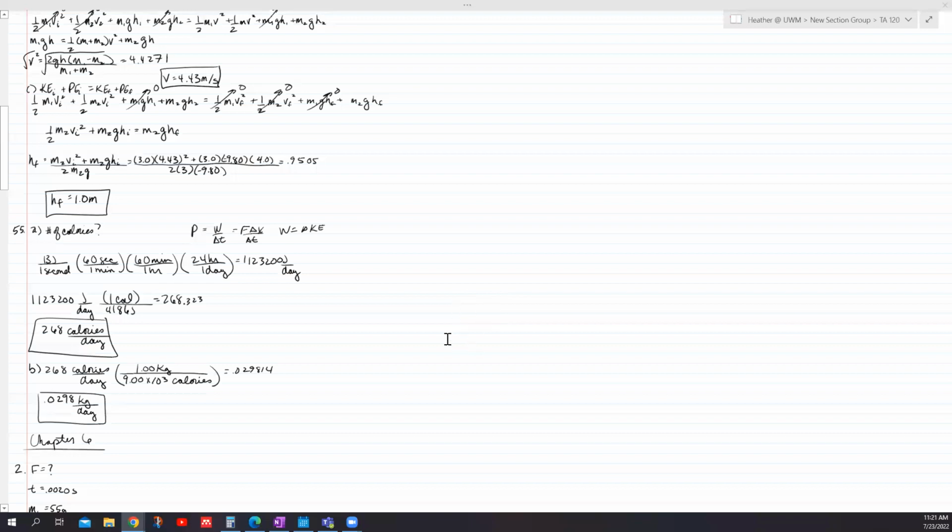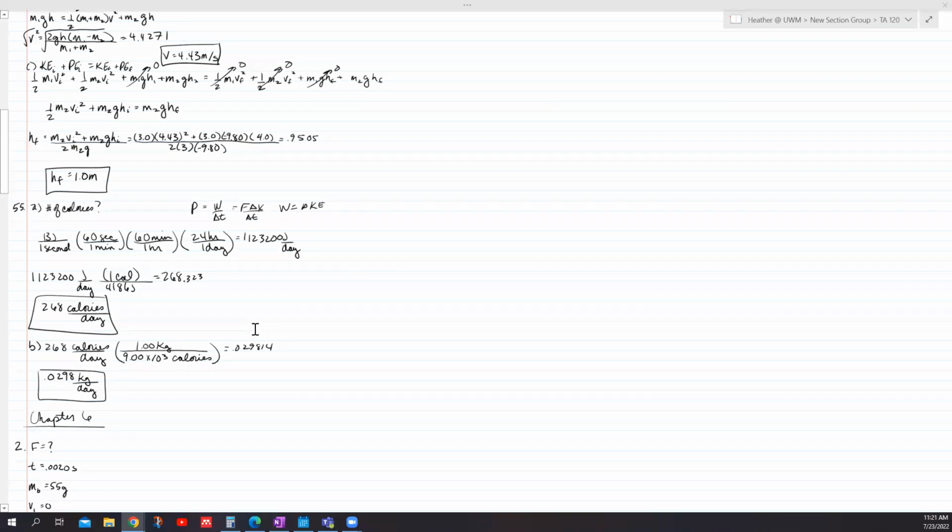Okay. So we know that power equals work over delta t. We know that work equals force times distance, divided by the change in time. And we also know that work equals change in kinetic energy. We're looking for number of calories.